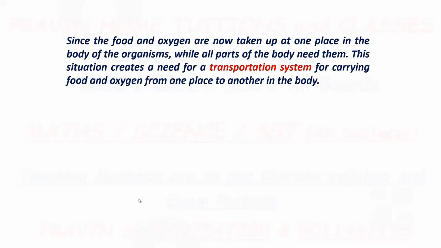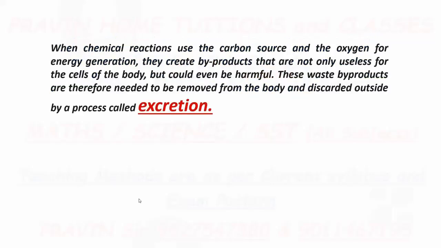For this, a transportation system is necessary. That is called the transportation process. Now, when digestion takes place or the nutrition process happens, or the respiration process takes place, chemical reactions are carried out.